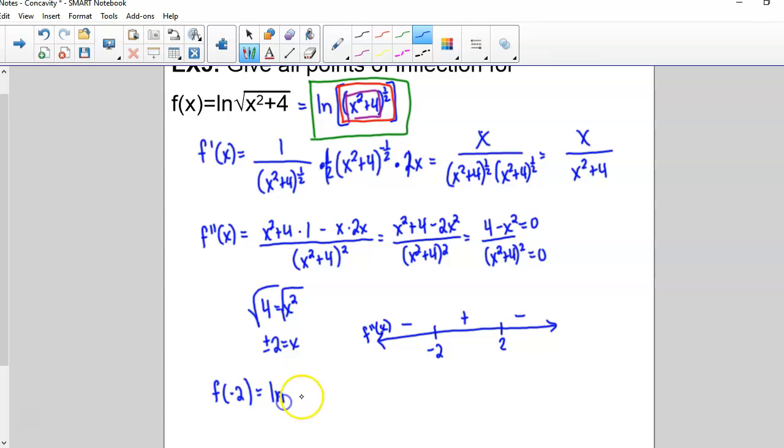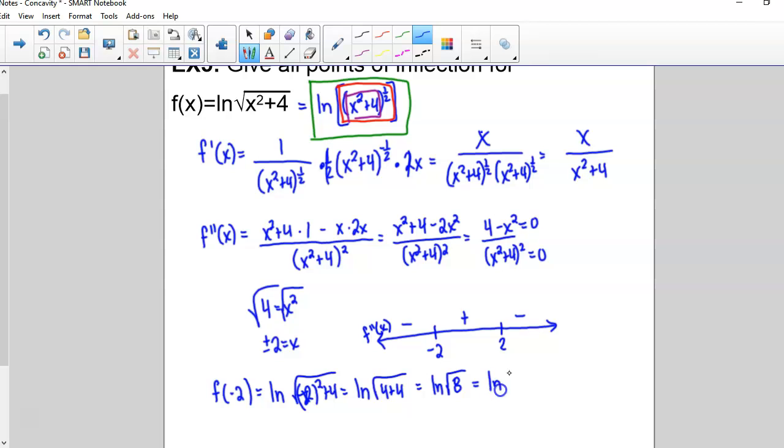So f of negative 2 is going to be natural log of the square root of negative 2 squared plus 4, which is natural log of the square root of 4 plus 4, which is natural log square root of 8. I'm going to do something here just because I'm afraid that they'll do it. They could do some crazy stuff here.